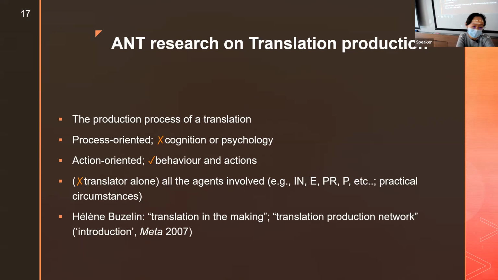By participants, ANT-based research in translation does not only refer to the translator alone, but to all the agents involved in translation, for example the initiator of translation, the proofreader, or the publisher.